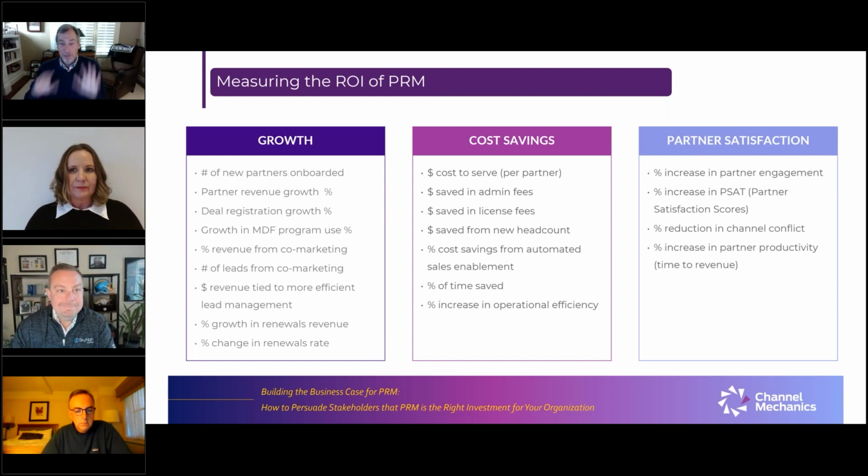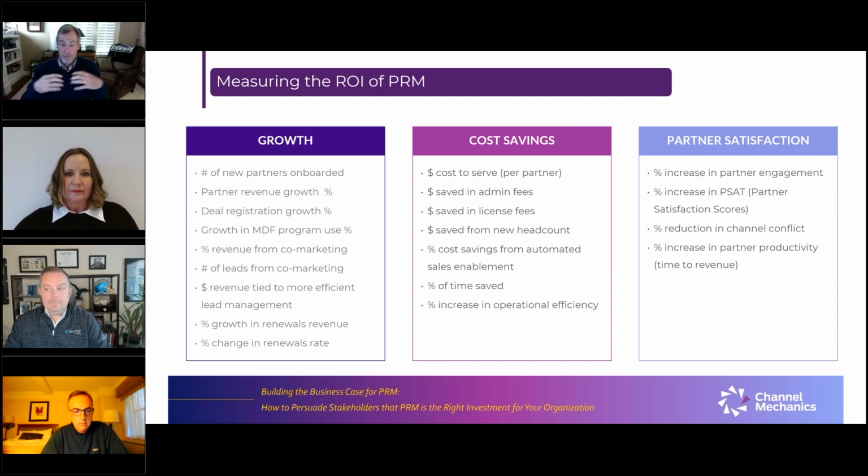Yeah, so there's quite a bit on the screen that the audience can really dig into, hopefully take a screenshot of and live by. What I think, for the channel community, for folks that are in Scott's position, or when I was the global channel chief of VMware, I actually took the CRM system that has the full funnel in it of awareness, interest, desire and award, and then some customer success after it.